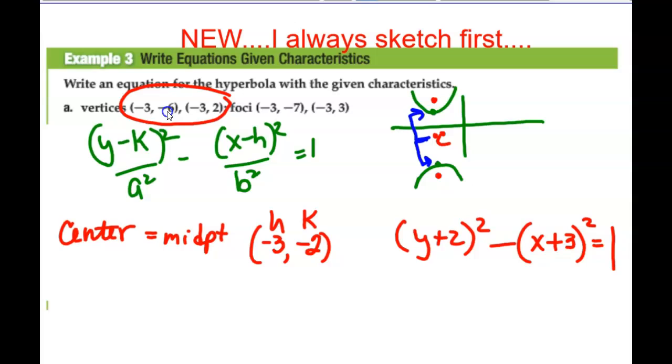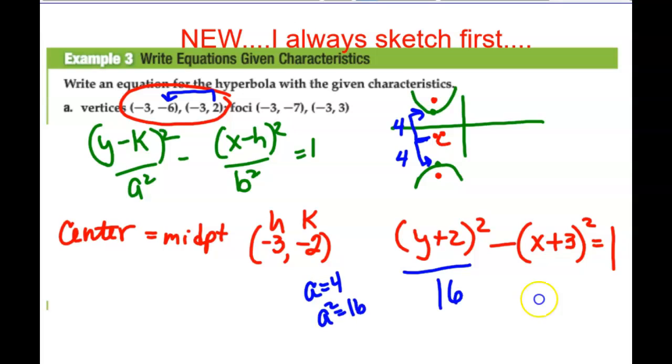Okay, how far apart were these vertices? From 2 to negative 6 was 8, so A is actually 4 up and 4 down, so what goes under here? Yes, a 4 squared. Okay, now the problem is in finding B.